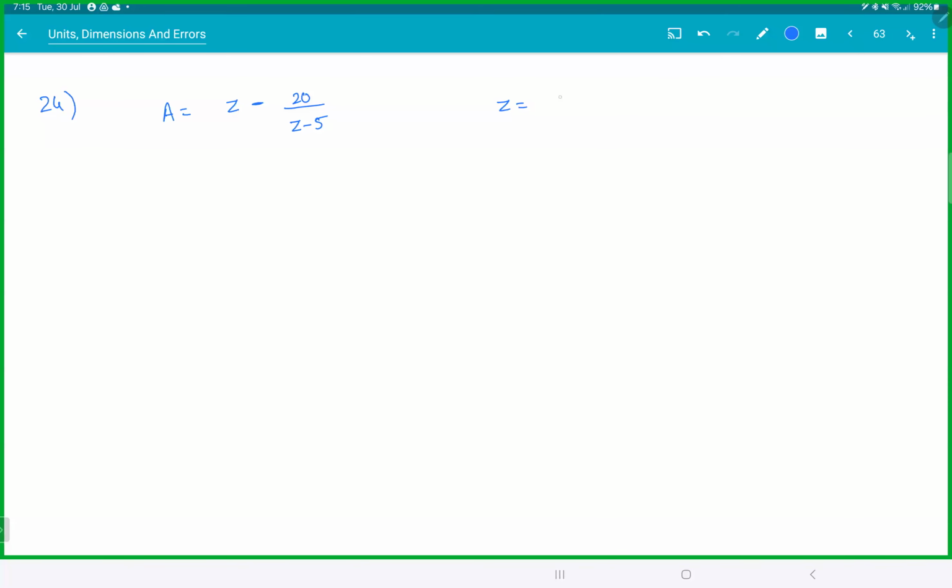So z is given as 10 plus or minus 0.01 centimeter. Find error in A. I'm not sure about the values properly, but the process is more important. Find percentage error in A.